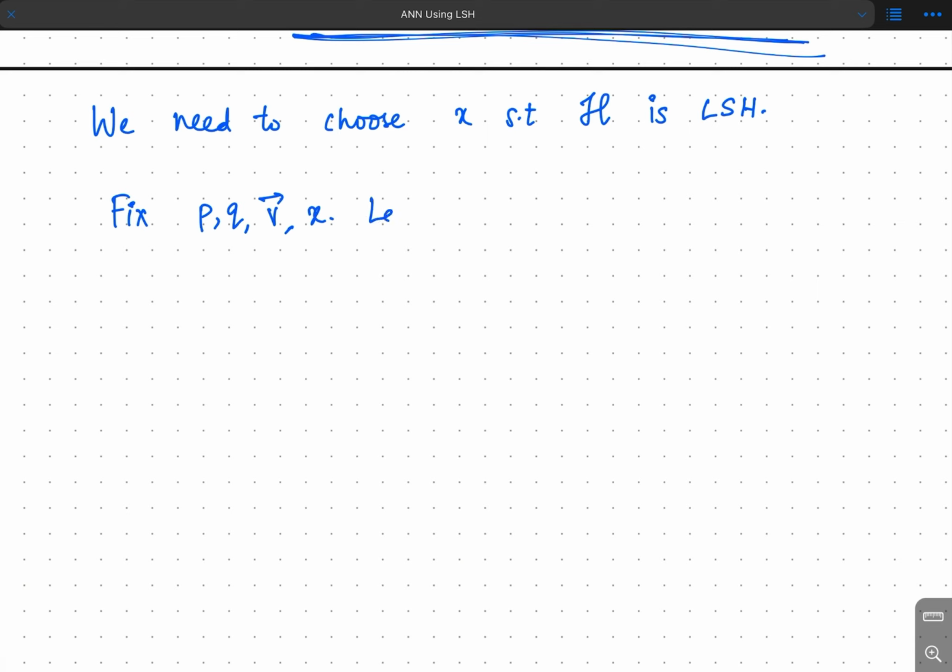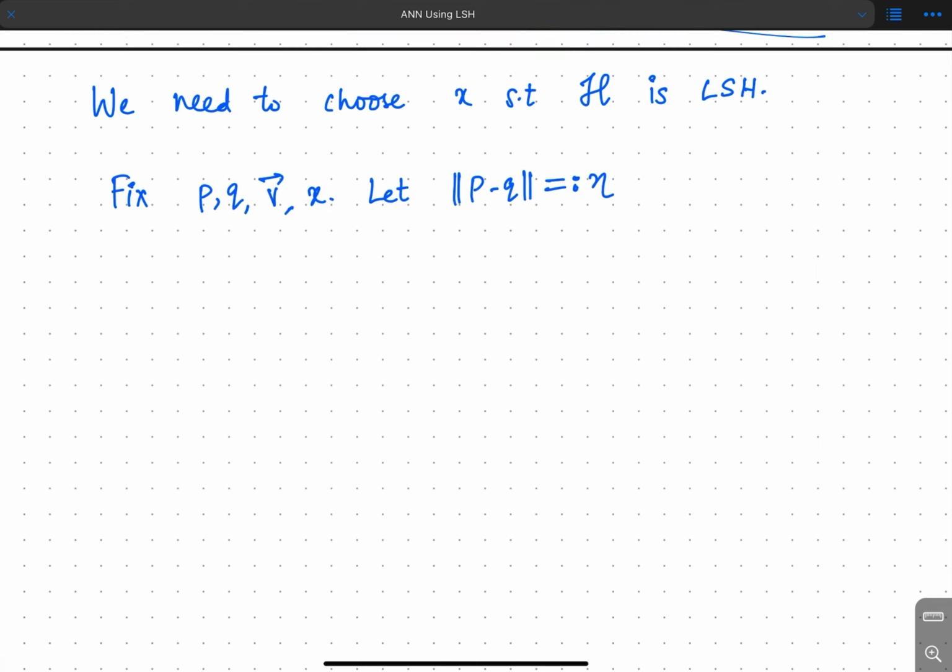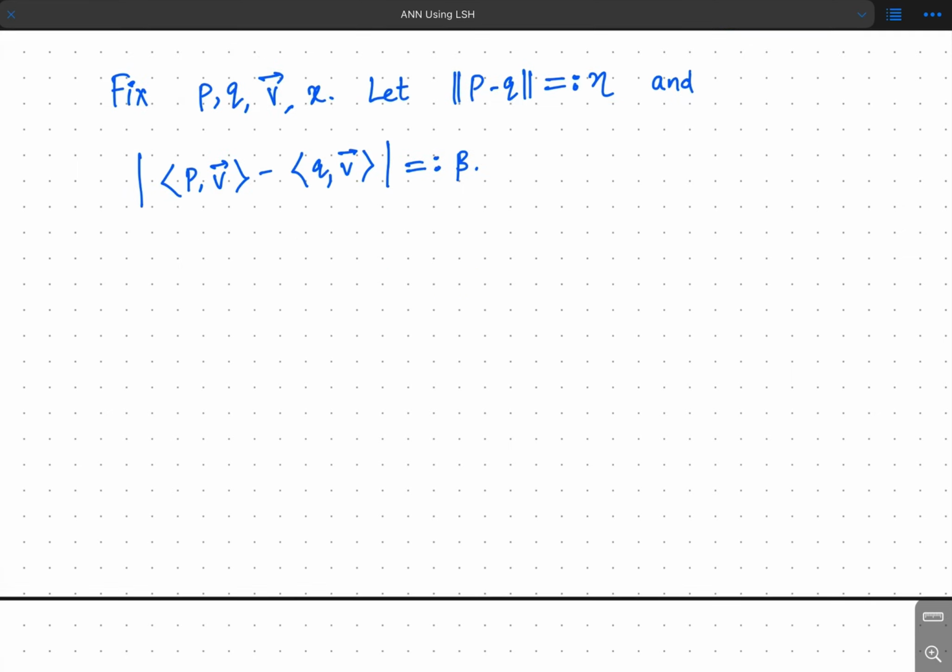Define this quantity as eta, and also define p comma v bar minus q comma v bar as beta.